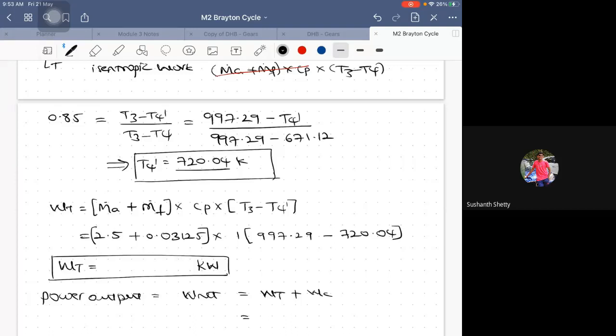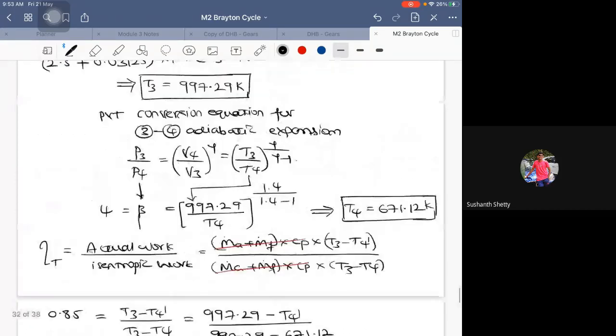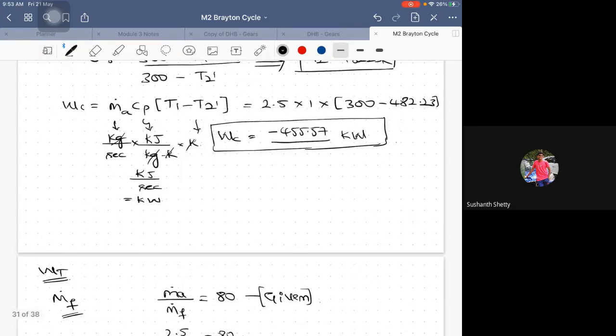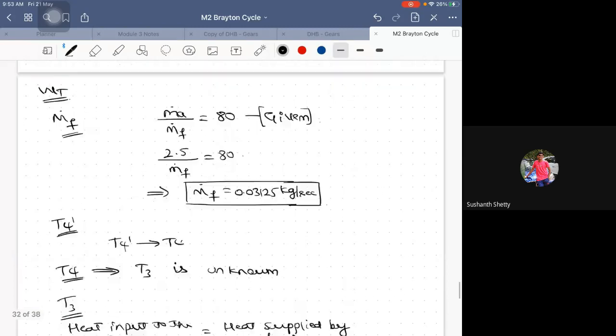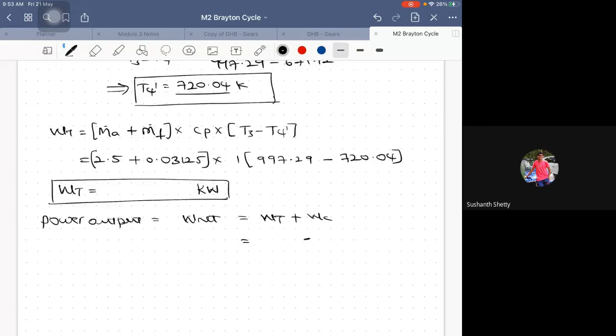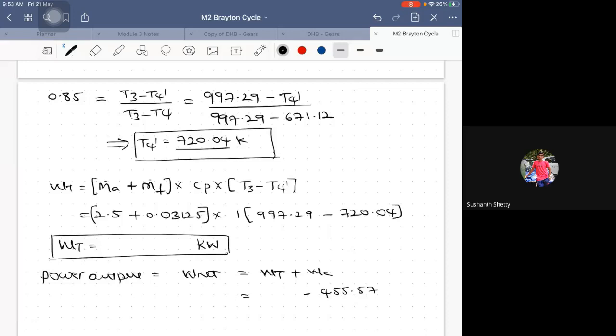What is the value of WT? WC is minus 455.57. WT, what is the value? 701.78.